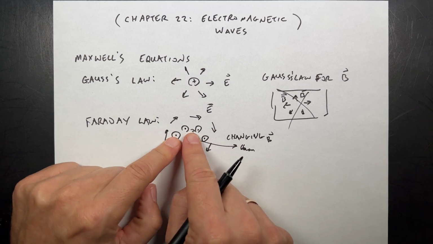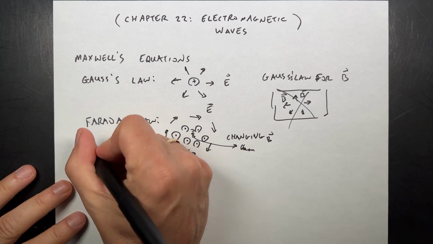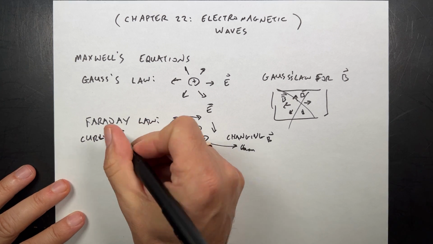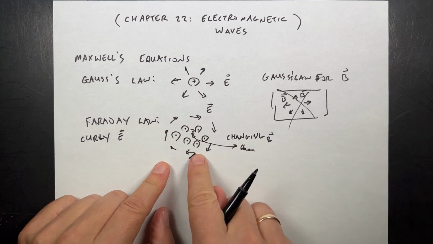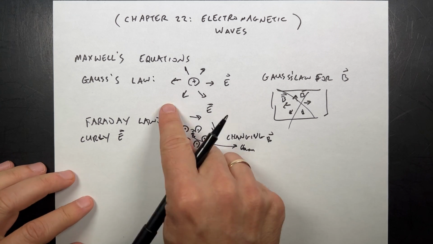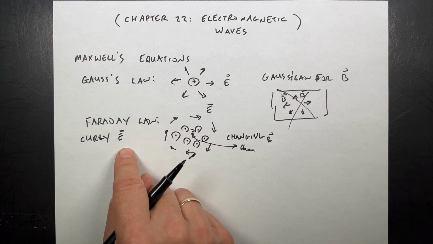A changing magnetic field creates an electric field. And the shape of that electric field, I'll call this curly E, just to say the difference, because this electric field is completely different than that one. That one points away from positive charges. This is like making circles. So a changing magnetic field makes a curly electric field.